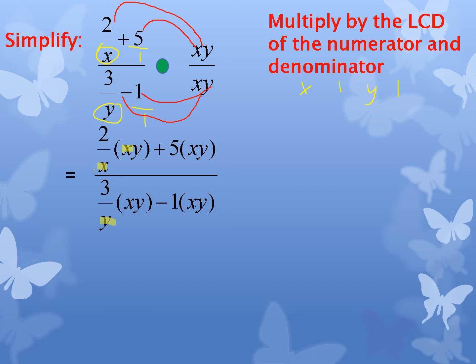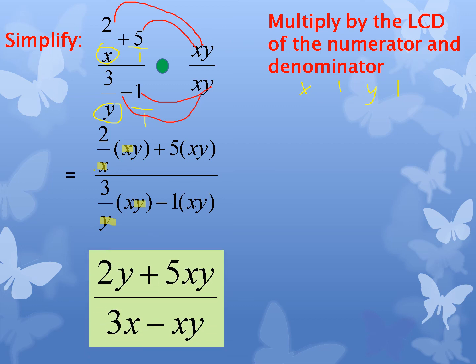Here, this y cancels with this y, because xy is in the numerator, if you think about it like that. So then what I'm left with after I do that is 2y plus 5xy all over 3x minus xy. Now, that's your final answer. That's as simplified as you get.